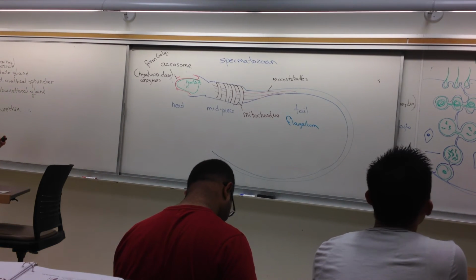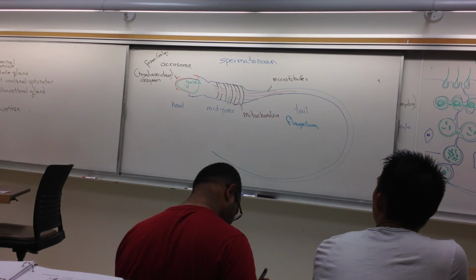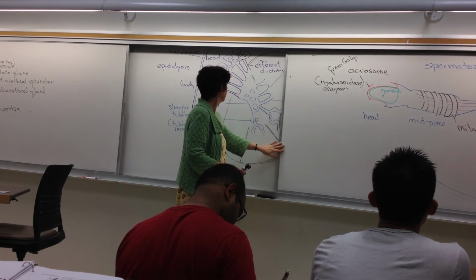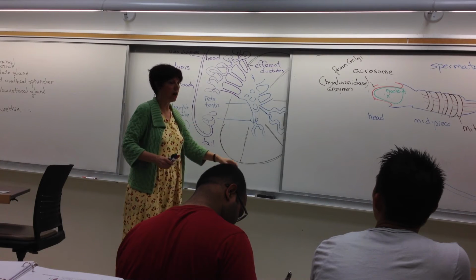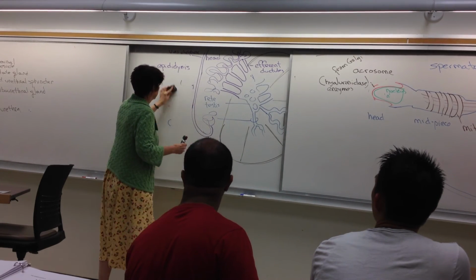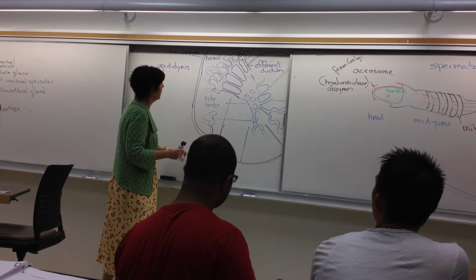So that brings us then to our next structure, which is the epididymis. So that's what I drew here. So it's a single, long tube that is highly coiled.